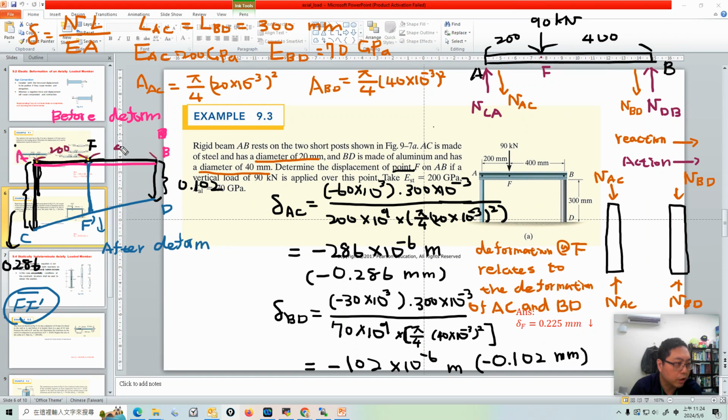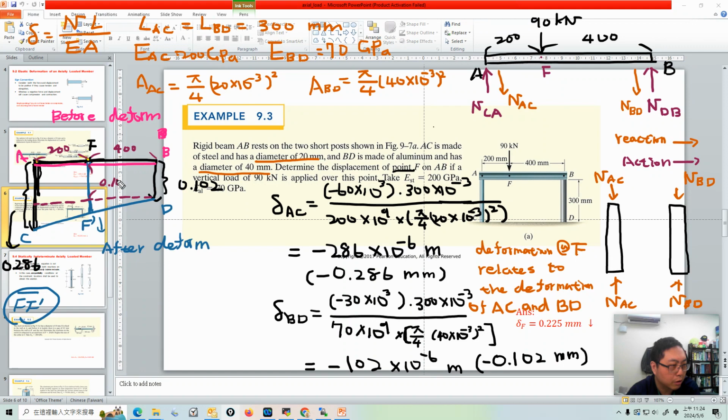Here is 400. So 400 and 200. How do we find F prime, the deformation at F? If we cut here, here we have the 0.102.